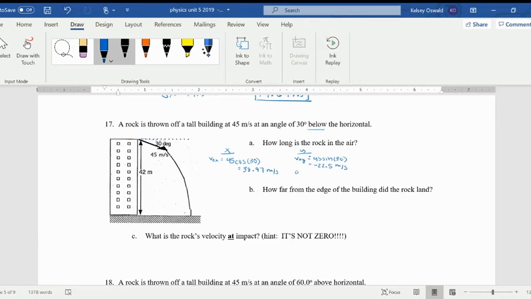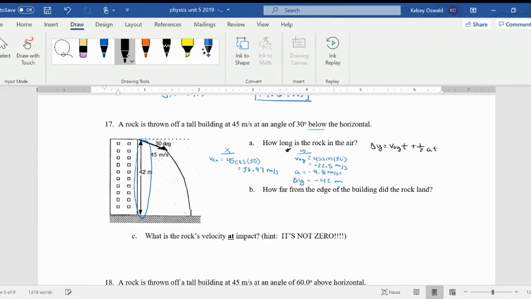But then we always know that our acceleration in the y is negative 9.8 meters per second squared. And here, we know that the ball is moving 42 meters downwards, so our delta y would be negative 42. So here we know more information in the y direction. So that's the direction we're going to look at to find our time in the air.